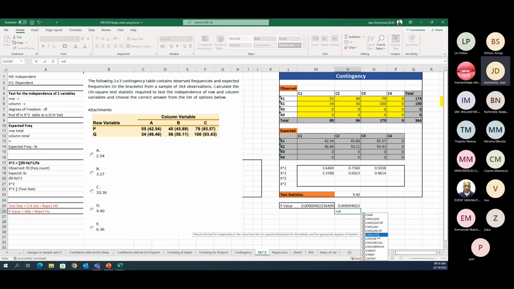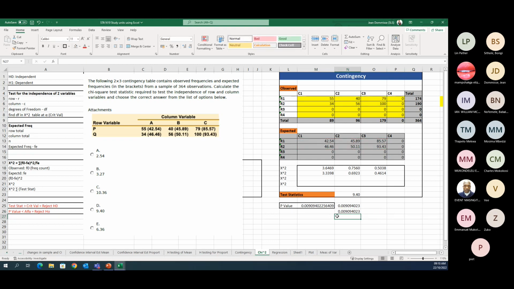That was the one that we did. I'll check and I'll add a formula for you as well. But if I now ask for the p-value, it is actually also calculated for you.